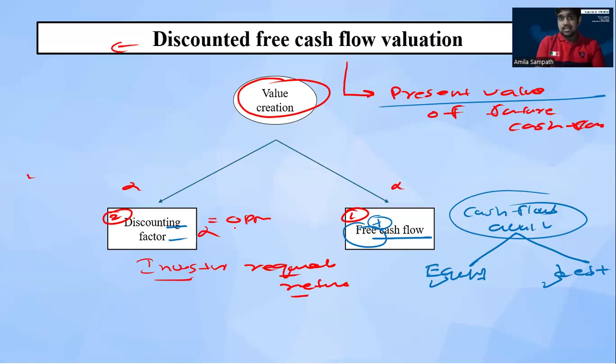The other thing is that the discount factor is not only about the investor's required return. In most cases we add a premium to the investor required return to associate some economic factors. There can be company specific risks or industry specific risks, and some pressure from competitors.